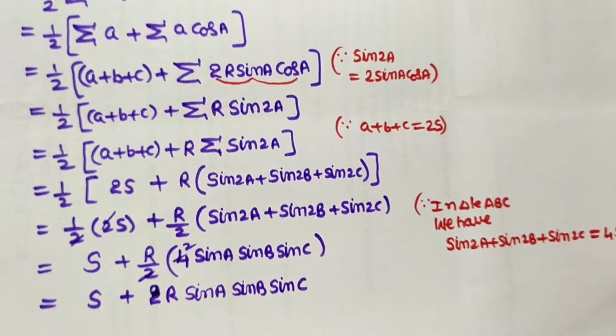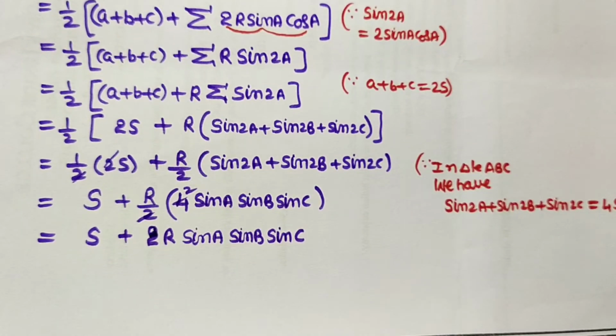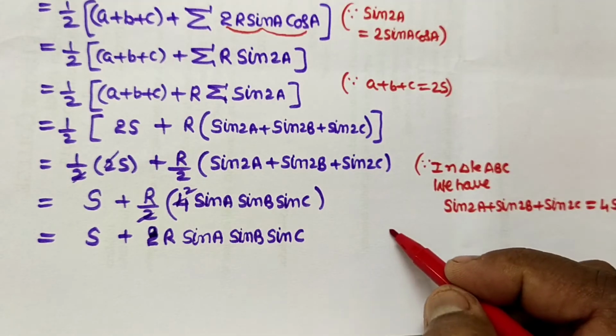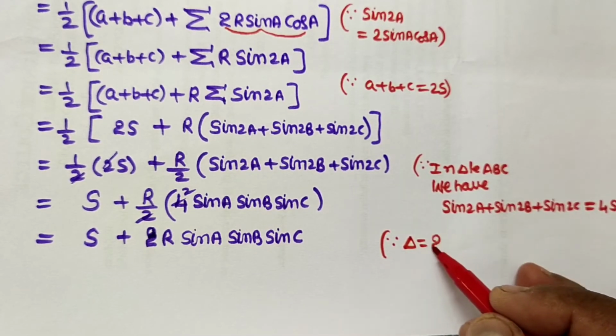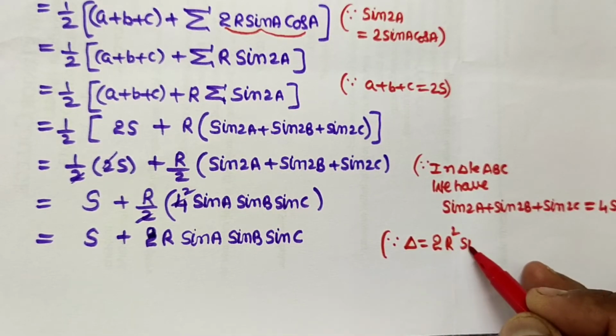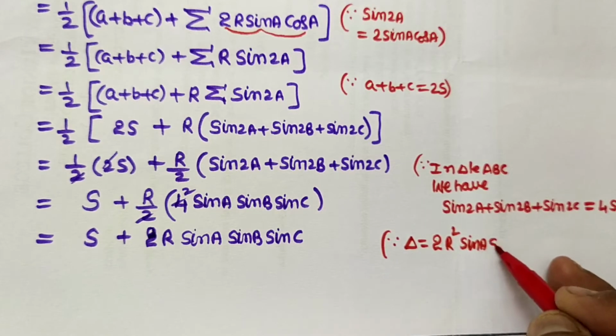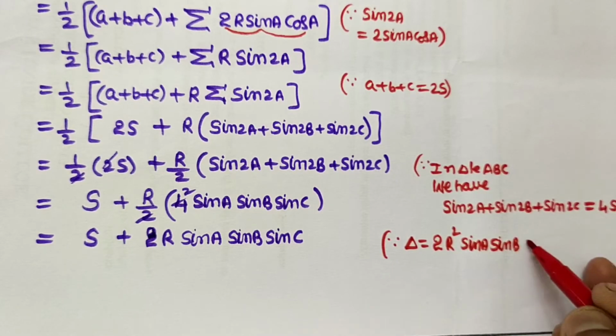After this step, we need to prove s plus delta by R. We have the formula delta equals 2R square sin A sin B sin C. This is the formula we have in properties of triangles.